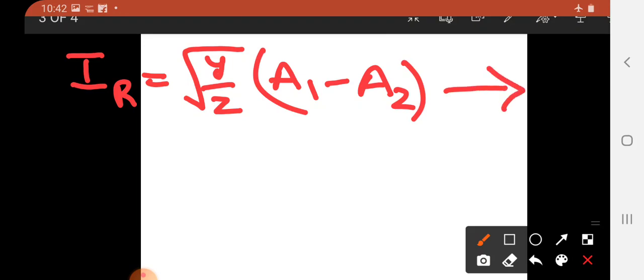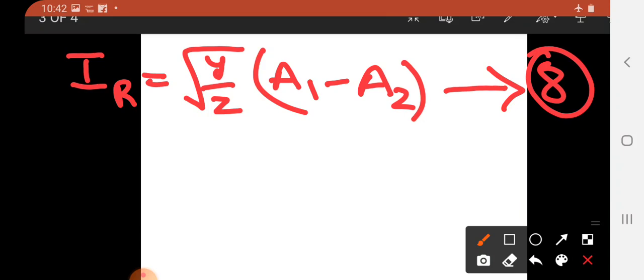Let this be equation 8. Here you observe there are two constants. What are the two constants? Square root of YZ is one constant and square root of Z by Y is one constant.